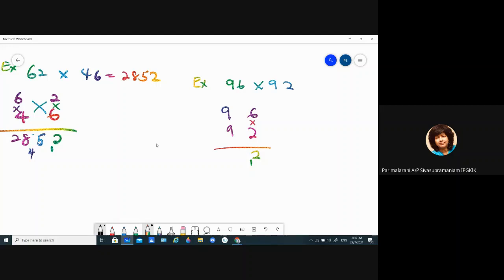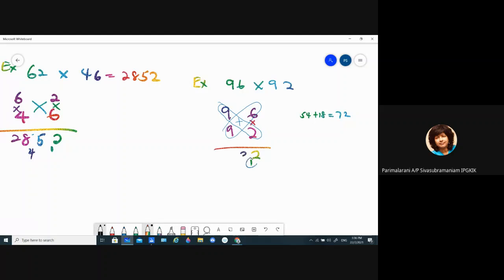Second step is to multiply these two and add them together. How much do you get? 9 times 6 is 54. 9 times 2 is 18. So 54 plus 18 is 72, correct? 72 and add this one here, 73.